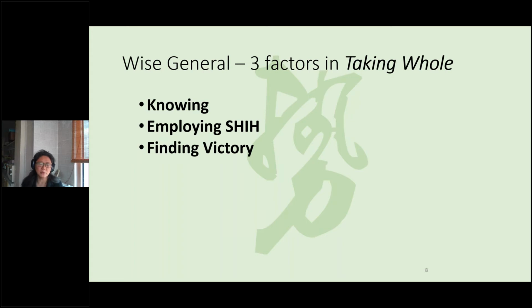Don't worry about the English word shi, because there's more coming after this one. And when you've done that, you can act when a victorious moment presents itself. That's what we mean by finding victory. So let's see what it looks like in reality.